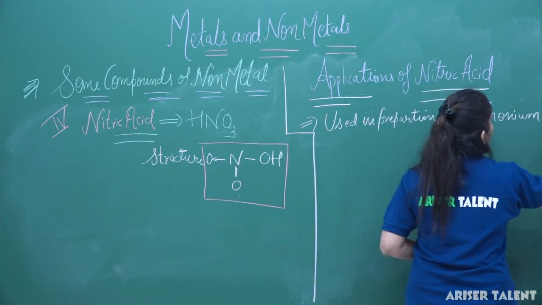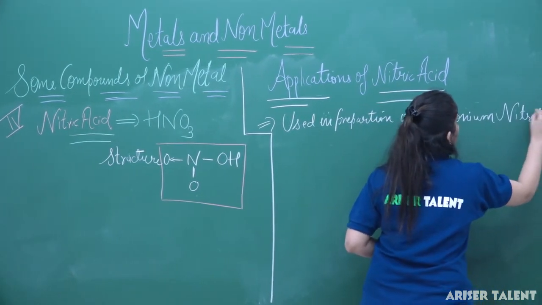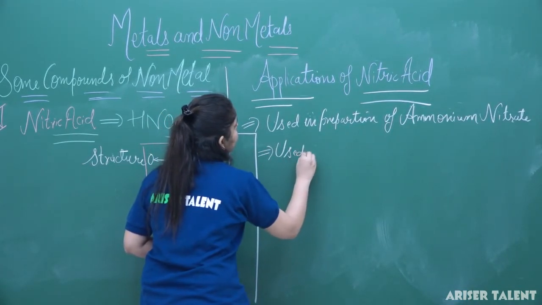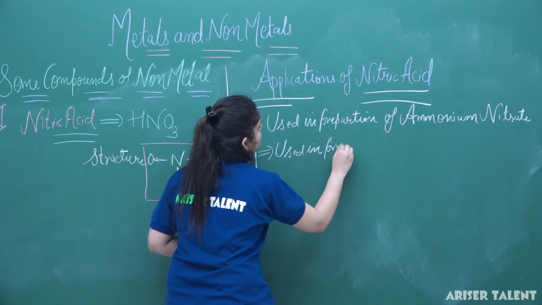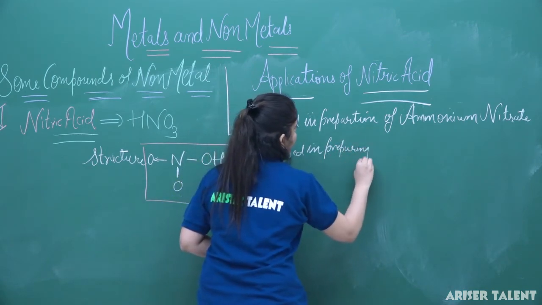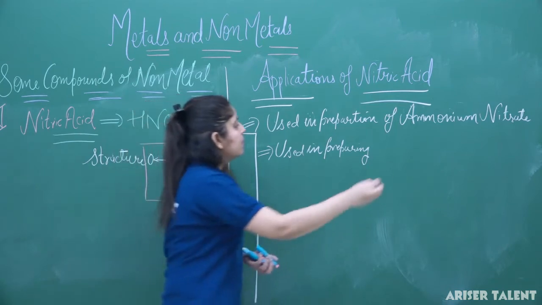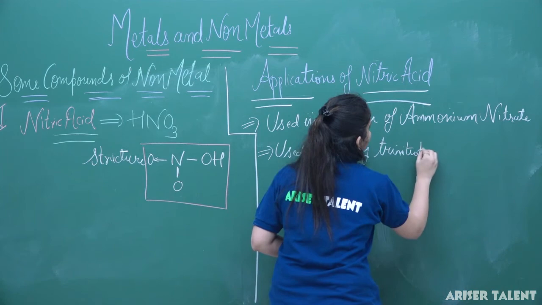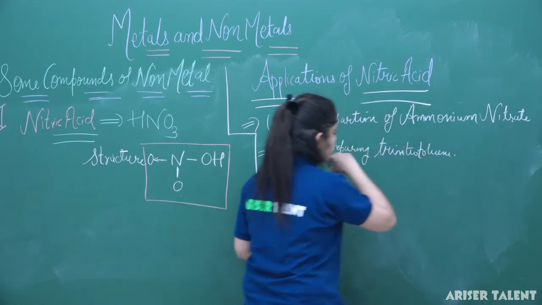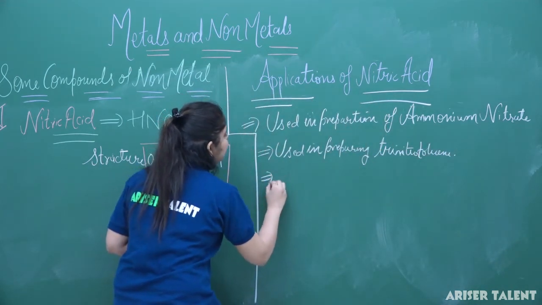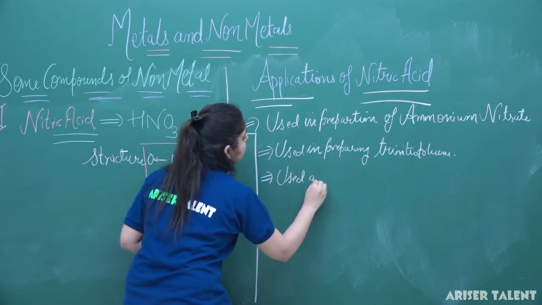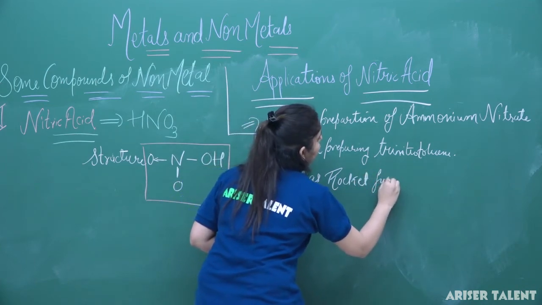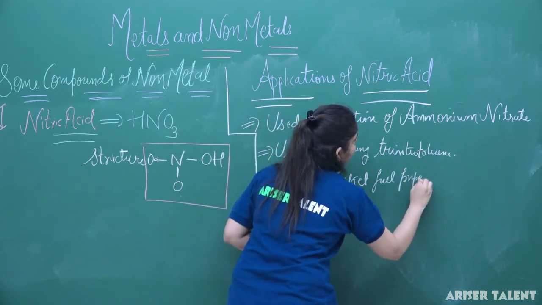Ammonium nitrate can be used as a fertilizer. Secondly, it is used in preparing trinitrotoluene. Next, it is used as a rocket fuel propellant.